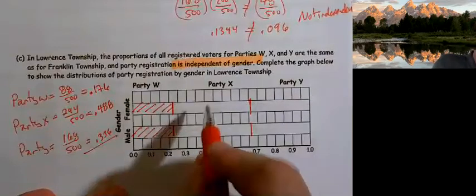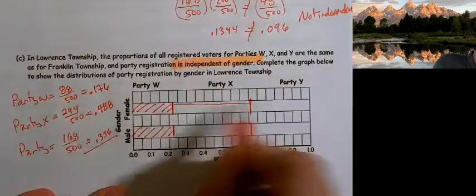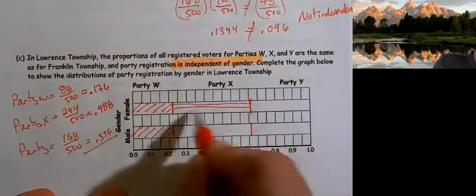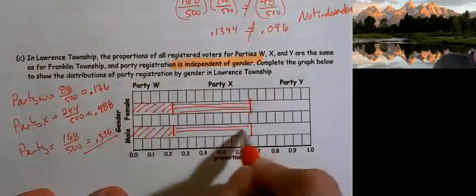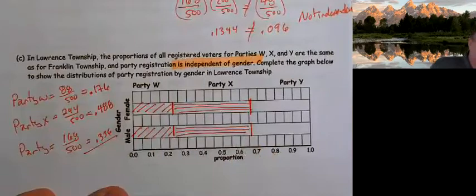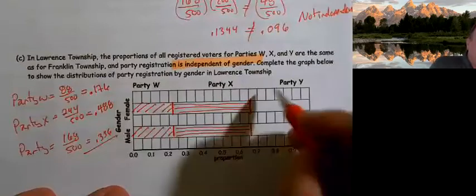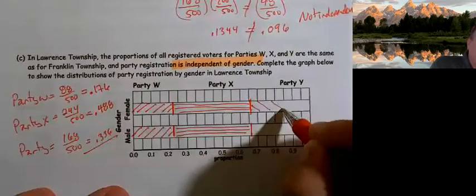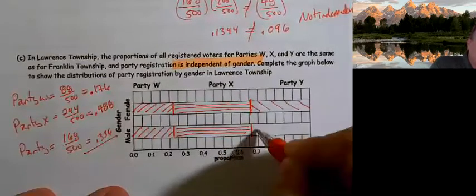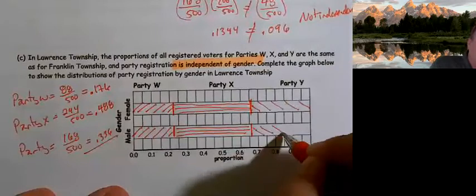All right, and I'll just draw a couple of horizontal lines. Well, the rest of this should be party Y, and I don't know, maybe I'll just do a backward slash, a backwards candy cane.